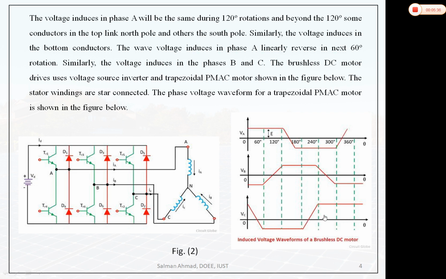Similarly, phase C is shifted 120 degrees from phase B. Phase B started at 120 degrees, and now this will start at 240 degrees. It has one polarity for 120 degrees, then over 60 degrees there will be a reversal. For the next 120 degrees there will be negative voltage, and again over the next 60 degrees there will be a reversal.